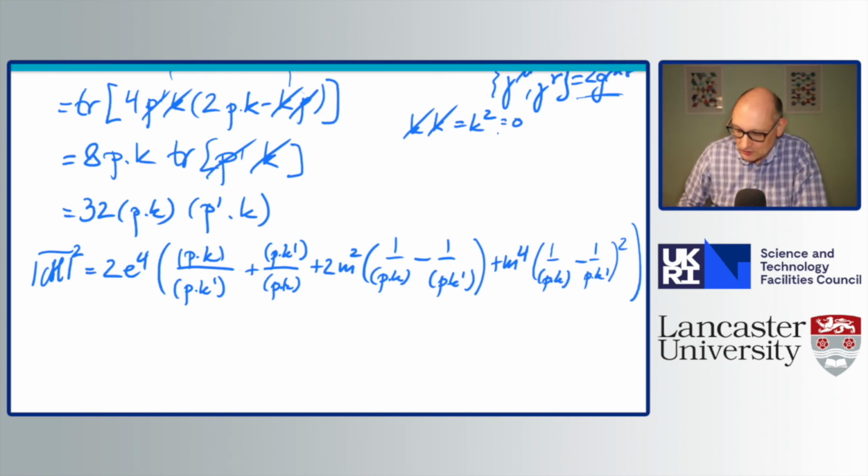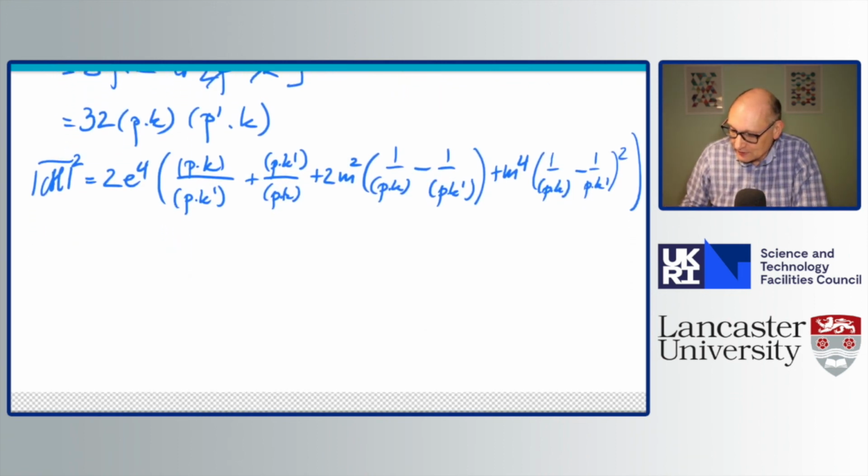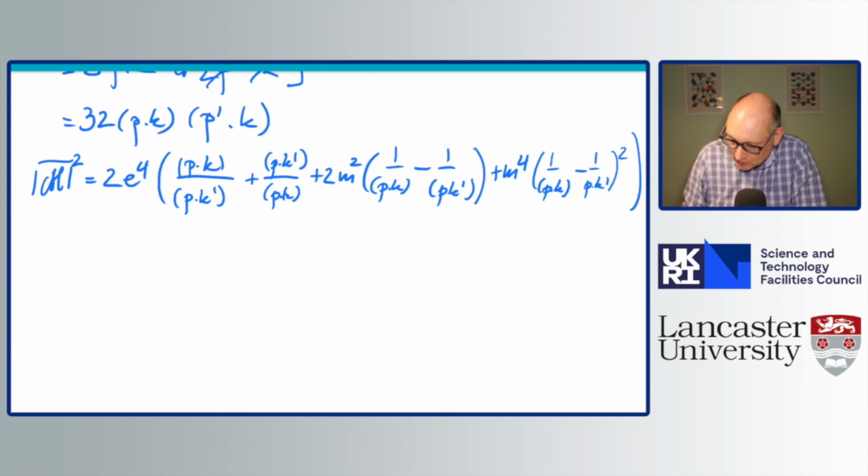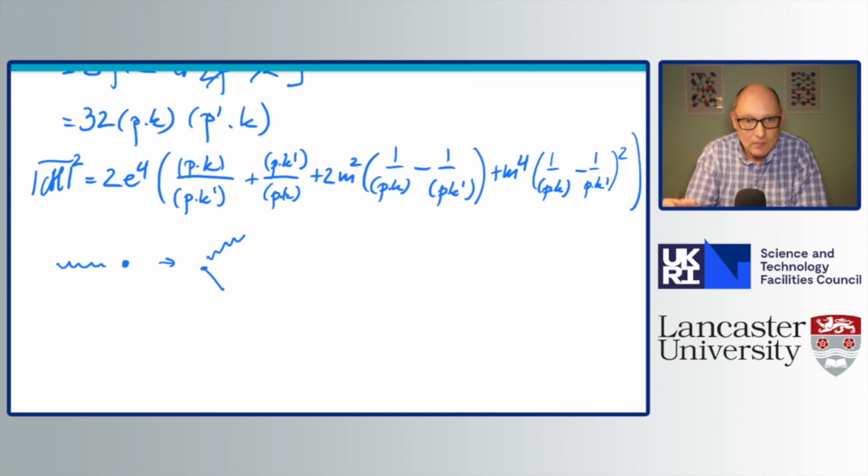Good. So a frame that is often used is the one where the incoming electron is initially at rest. So we've got an incident photon, that's the initial setup, and then afterwards the electron moves with a momentum and the photon moves with a momentum.